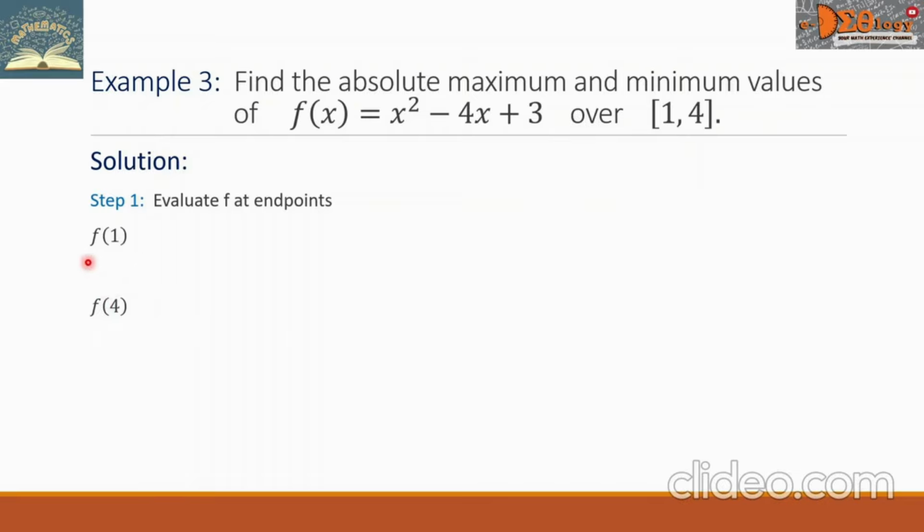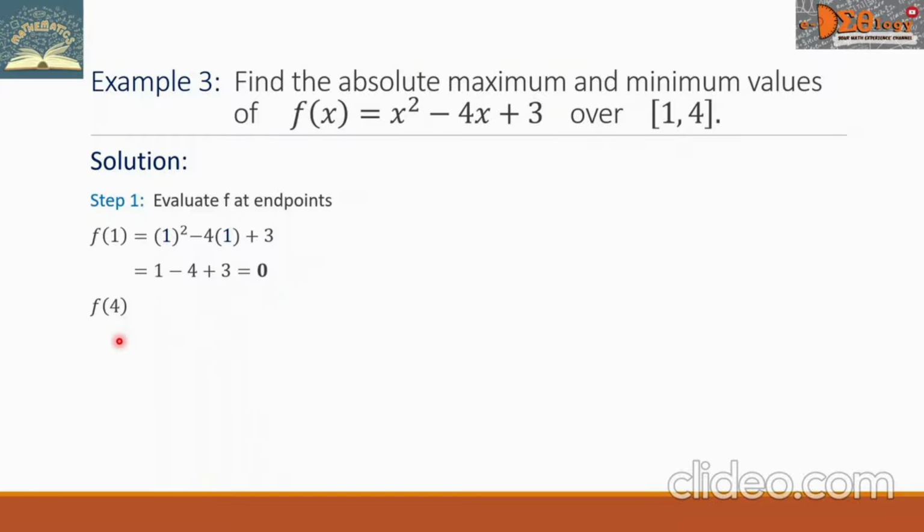Let's begin with f of 1. We have this function. Let us replace the x by 1. So we have now 1 squared minus 4 times 1 plus 3. 1 squared is 1. Negative 4 times 1 is negative 4. Then plus 3. Finally, the answer is 0.